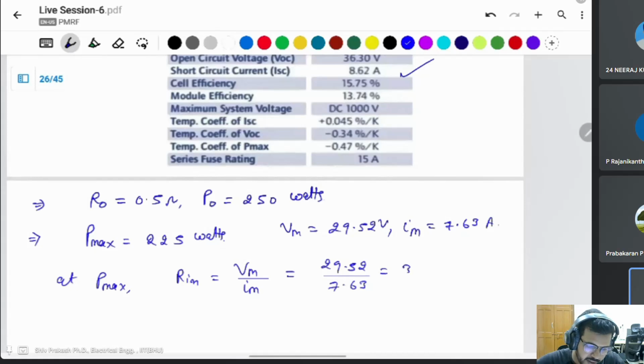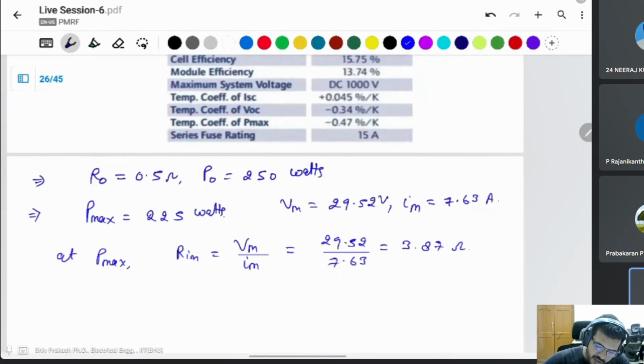This will be 3.869868, about 3.87 ohm. R naught will be V naught divided by I naught.